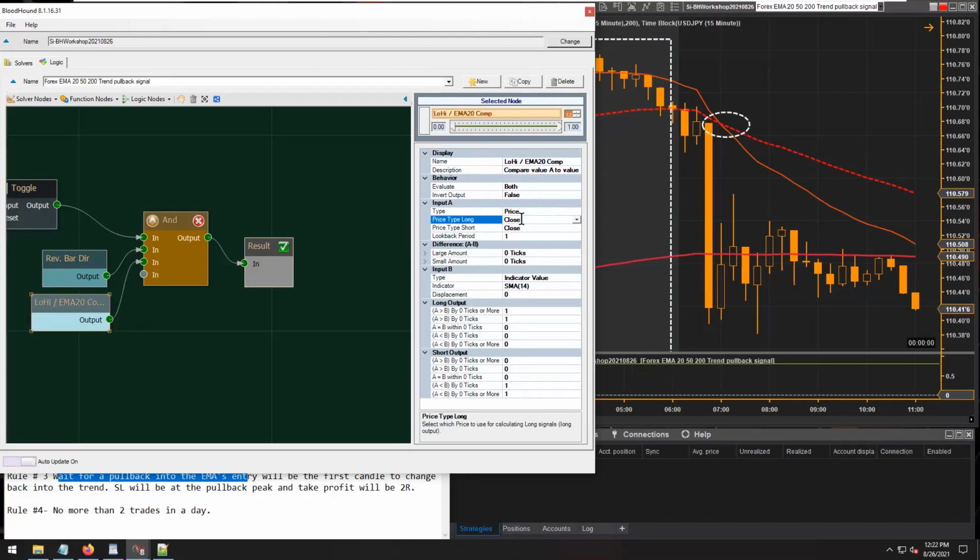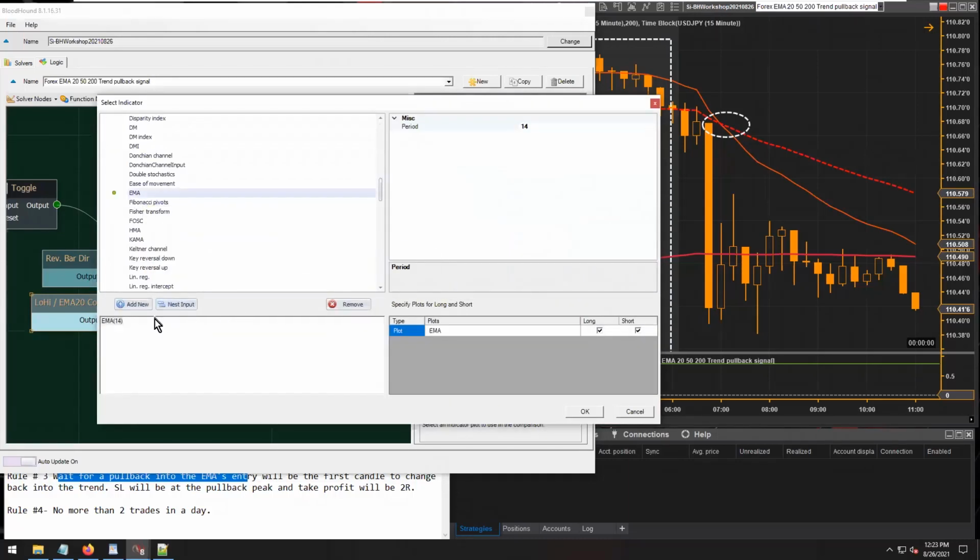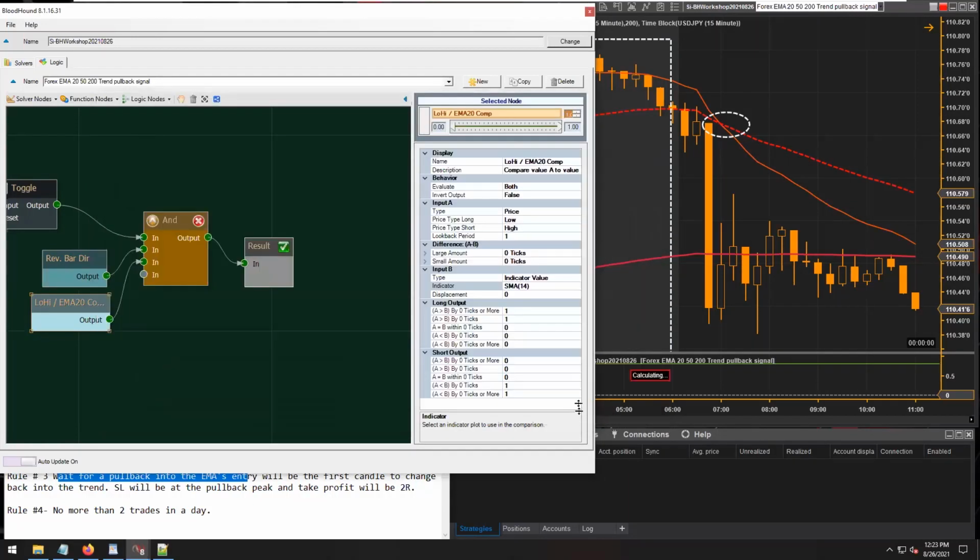All right, so I'm just going to set this comparison solver up exactly the same way I set that crossover solver up. So for a long, we're looking at the low price of the bar. And if we're in a short trend, we'll be using the high of the bar. Input B is going to be our EMA 20 again. All right, so now I need to reverse the outputs here.